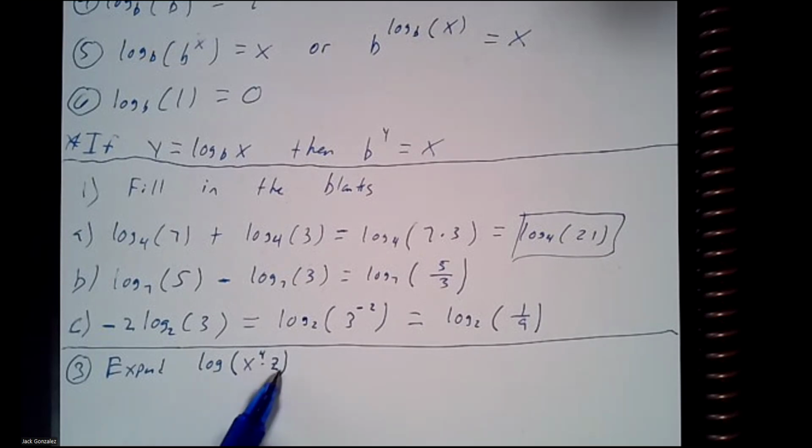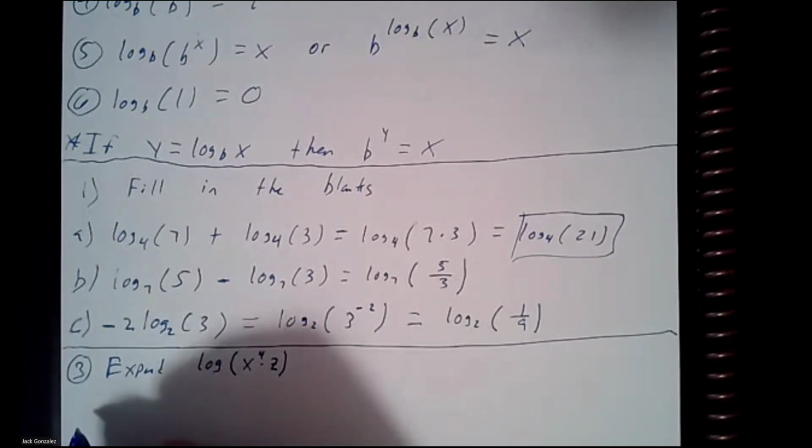Here we have products, right? A product of x to the fourth times z. So what does the product property say we can do with the products?